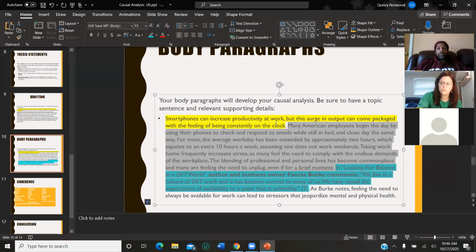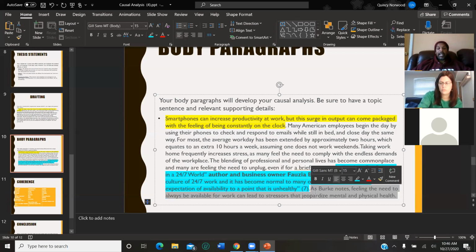So the topic sentence tells, your supporting details show. And then our explanation is some kind of follow up. Maybe you have a quote, maybe you have a paraphrase. So the explanation is the follow up. Point, information, explanation, or if you don't want to remember PIE, just remember topic sentence and relevant supporting details.